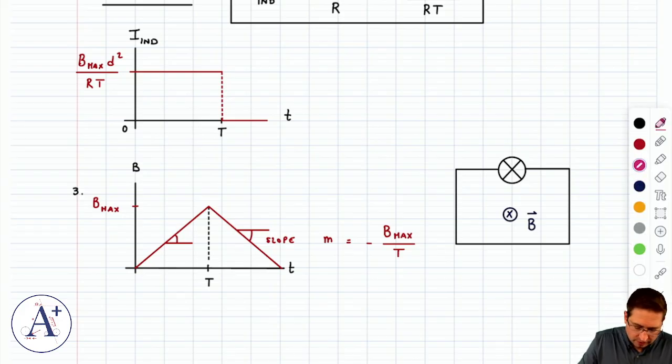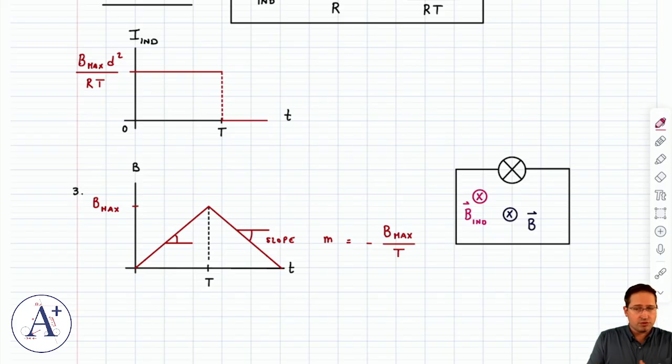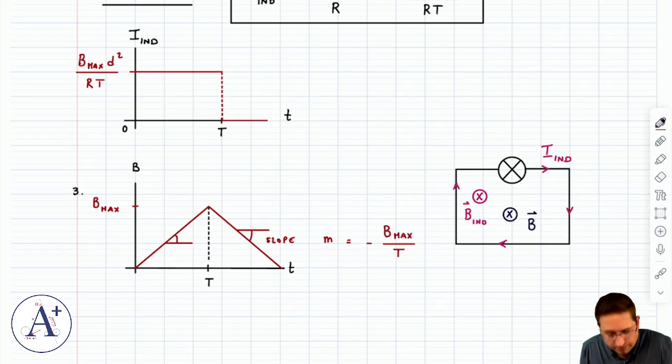So if flux decreases into the page, I need B induced to oppose the change in flux, and here it's going to try to maintain flux into the page, meaning the only way I get B induced to point into the page is if I induced flows clockwise this time around the circuit. So what happens if the magnetic field is reduced at the same rate as it was previously increased is that I induced changes direction, because now B induced has to maintain flux into the page.